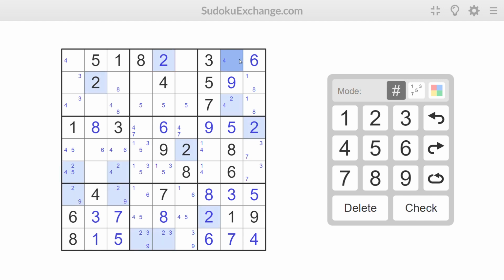We're left with only 4. Let's put a 4 here and a 2 here. Let's eliminate this 4 here.